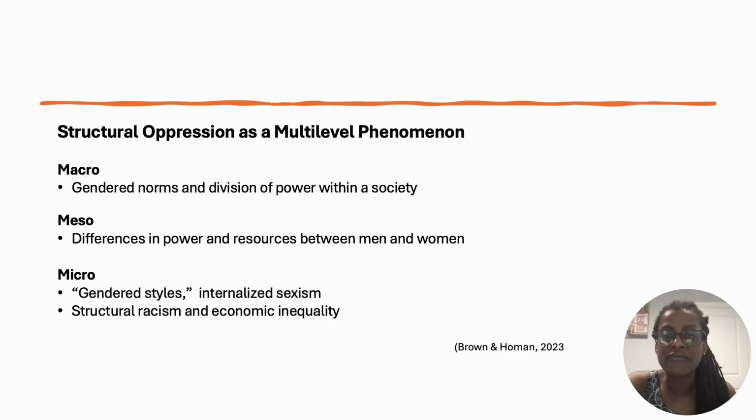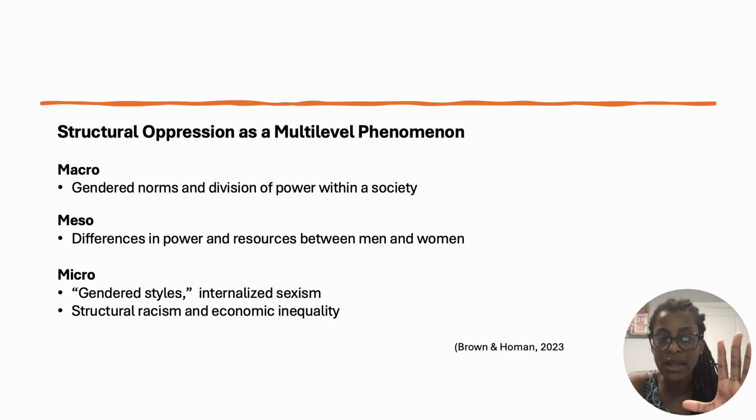The micro level effect comes from continuous exposure to structural oppression at the macro and meso level. So accordingly, there is a burgeoning field within public health that recommends measures that assess different factors and how these different factors are associated with health outcomes.